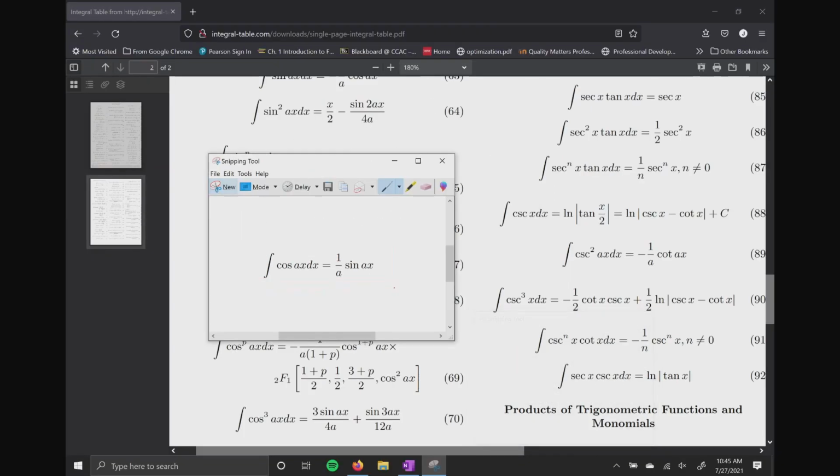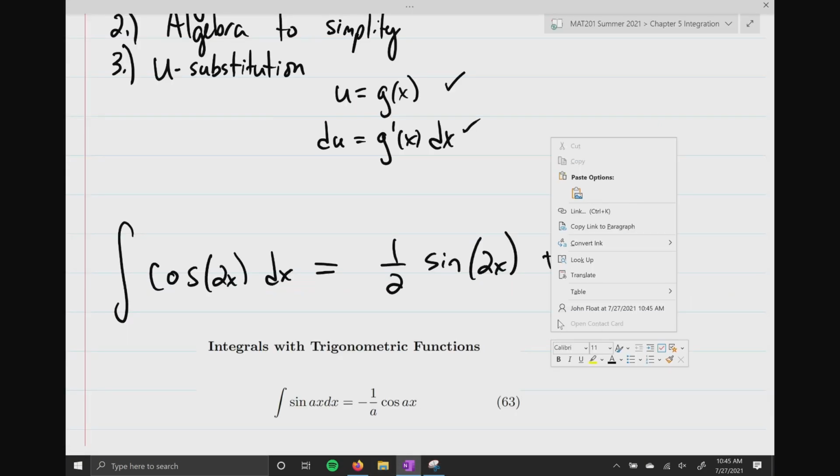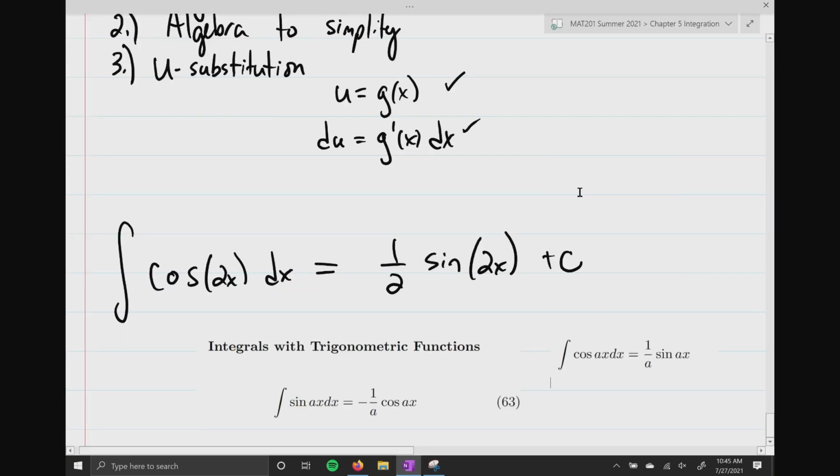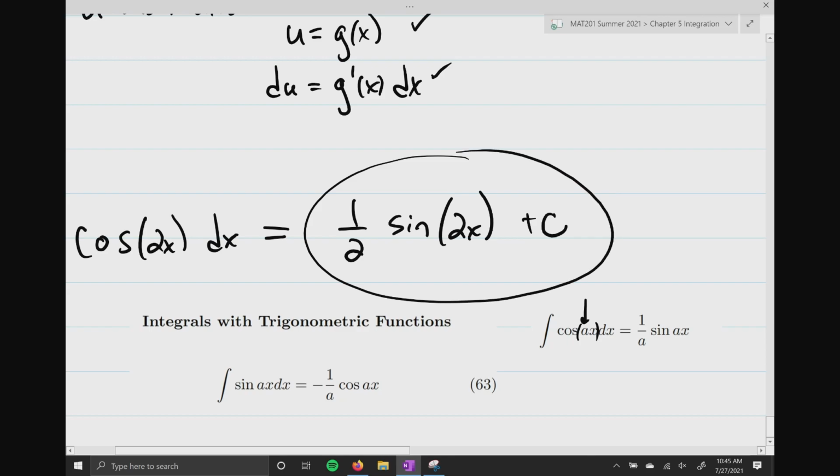Here's our cosine. So there's our cosine right here. Notice that when you have a coefficient in front of the x and it's inside of the argument of your problem, to integrate that, it's 1 over a sine of ax, which is exactly what we came up with. In this case, the a was the number 2.